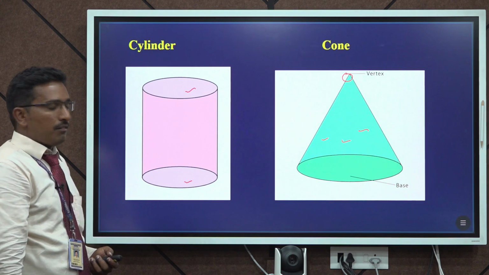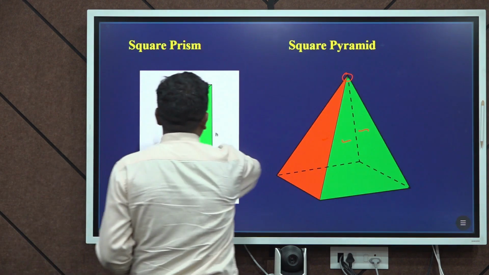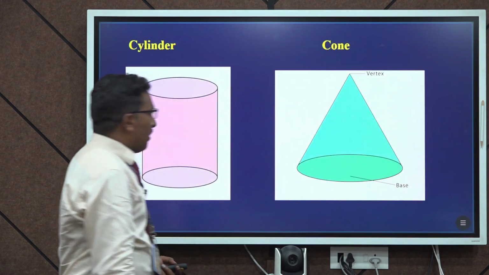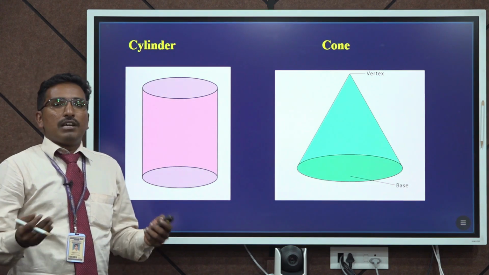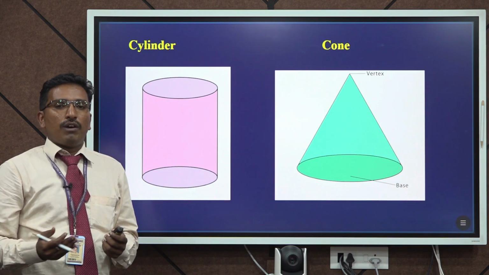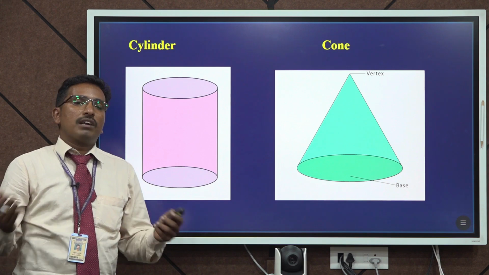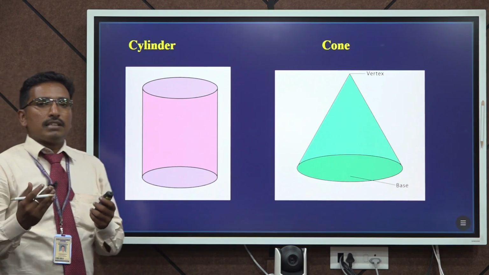And the cylinder. As we know very well, nowadays we are using an LPG cylinder, actually a tank, in our home for cooking purposes, but generally we call it a cylinder. Why do we call it a cylinder? The shape of the LPG tank is like a cylinder.